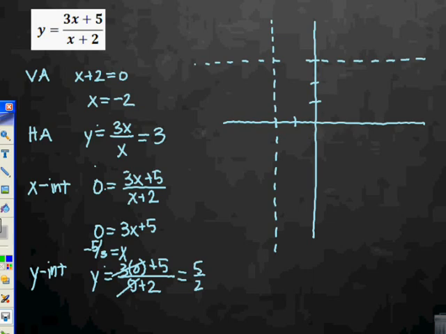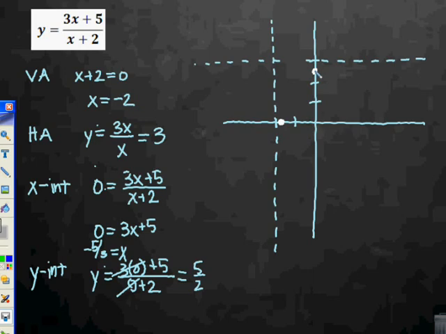So negative 1 and 2/3 is going to be right about there. Okay. And then my y-intercept is going to be at positive 5/2, so that's about 2.5. So right about there. At this point, I will allow you to go ahead and go to your calculator and see what's going on around the rest of this graph.